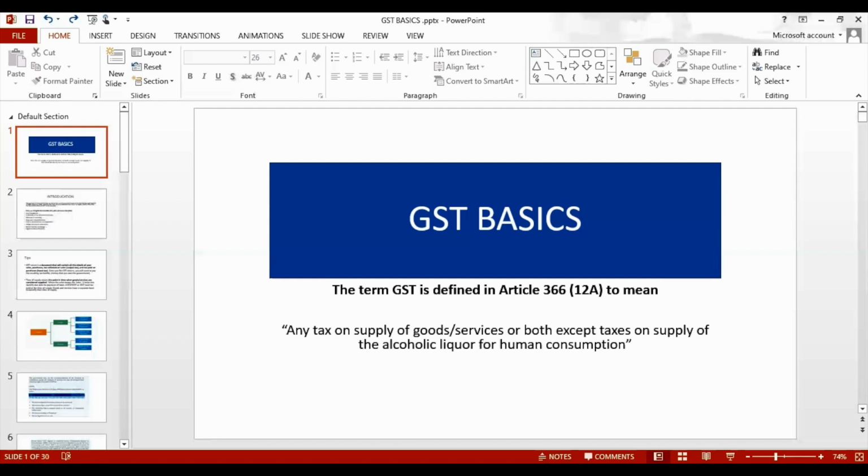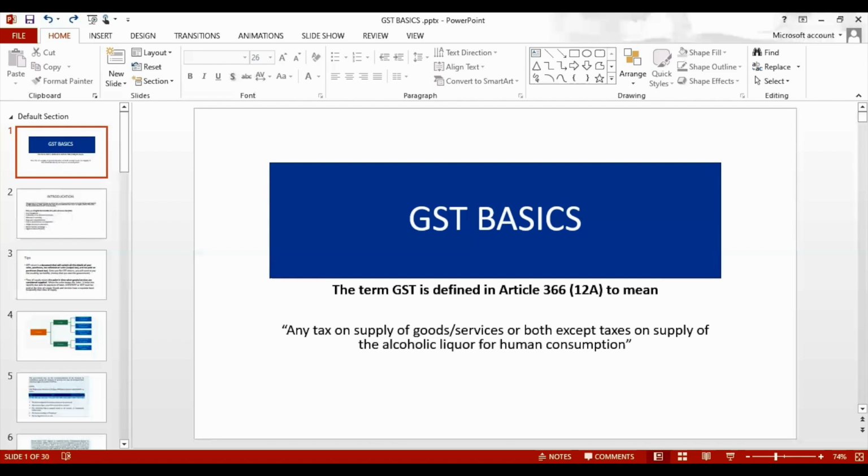We can charge IT from those prospects only. GST is based on annual turnover.